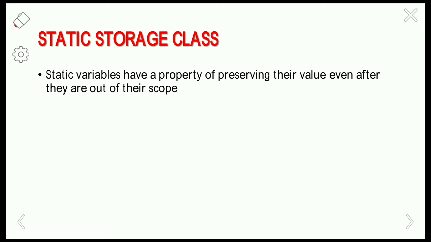But in the case of the static storage class, even though the control is out of the scope, the value will still persist. The lifetime of the particular variable is throughout the entire program.